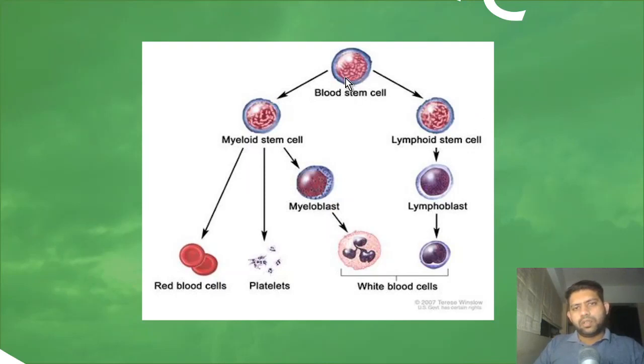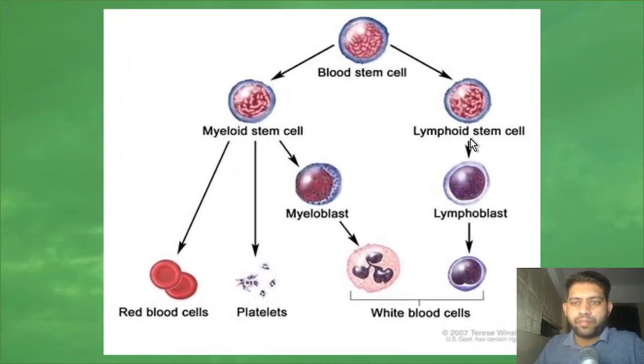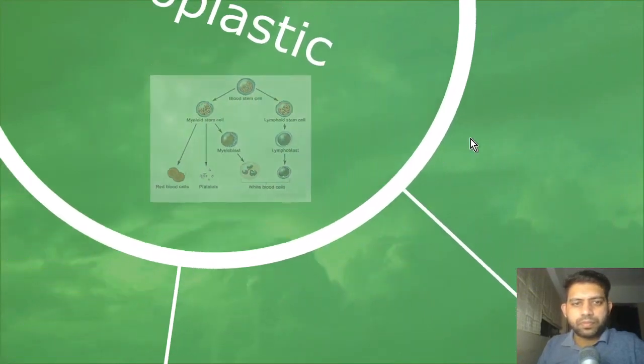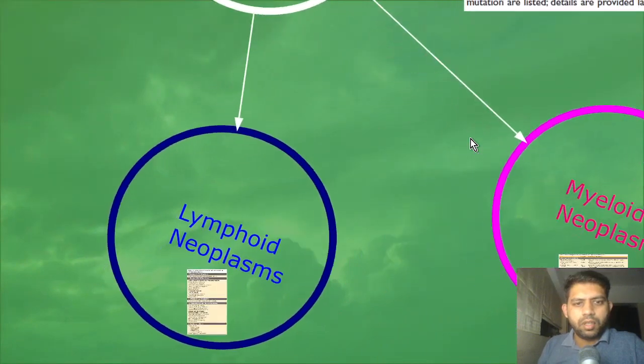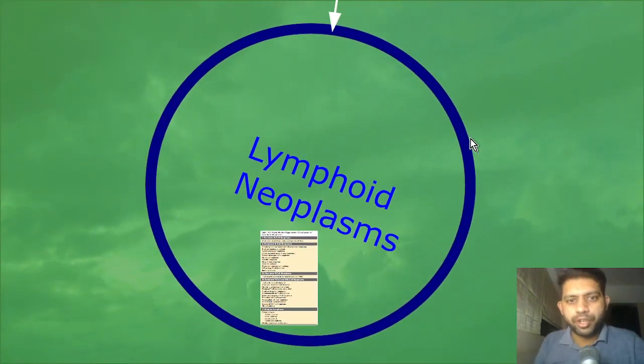We have already seen the myeloid stem cell becomes myeloblasts and white blood cells, and the lymphoid stem cell finally becomes lymphocytes. So these are myeloid neoplasms, these are lymphoid neoplasms. We'll go into lymphoid neoplasms.